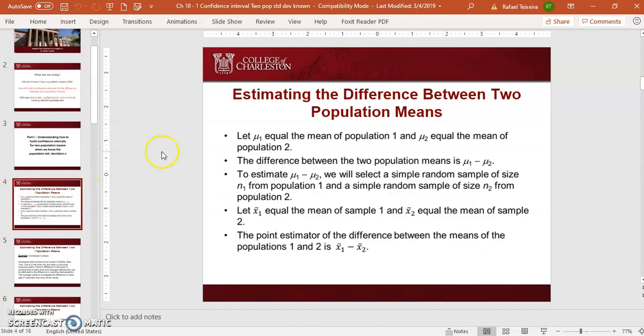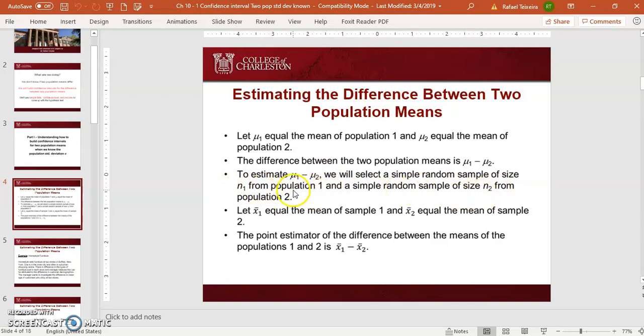Going back to the slide that I skipped, this is more theoretical. Let's assume mu 1 is the mean of population 1, and mu 2 is the mean of population 2. The difference between the two population means is given by the difference. We subtract one from another. To estimate this difference, we select a sample of size n1 from population 1, and we select a sample of size n2 from population 2.